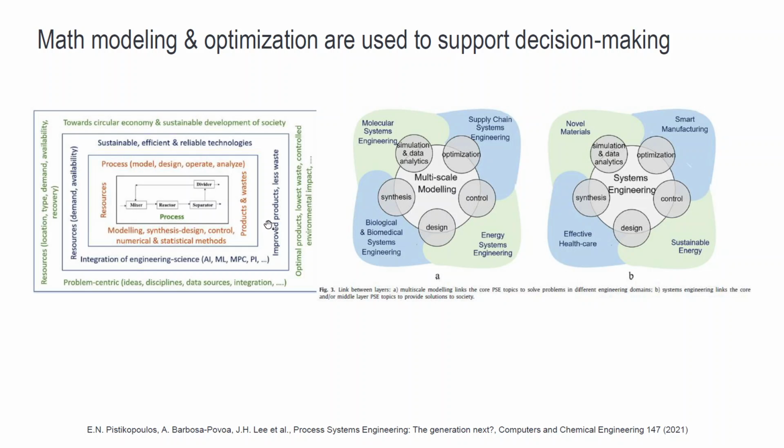And then from the product side as well, we need to be able to improve the quality of the product. We need to reduce the waste, right? And then all in all, from the very left to the very right, we will deal with different scales, right?